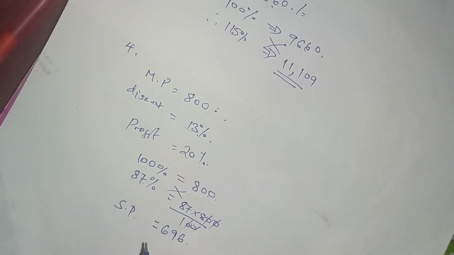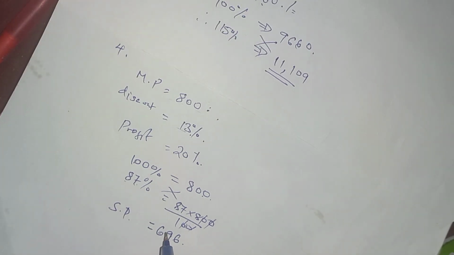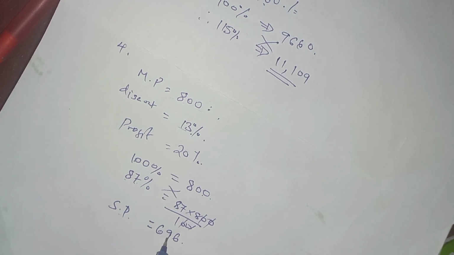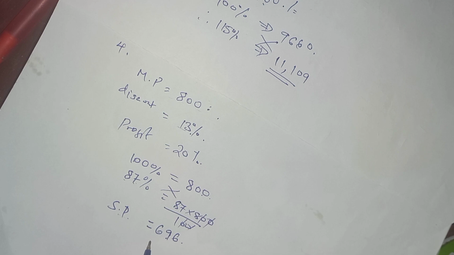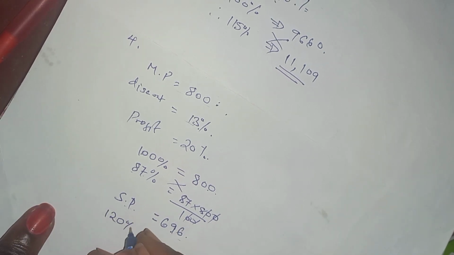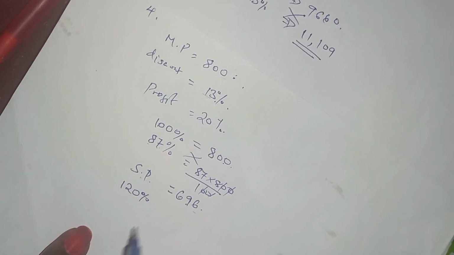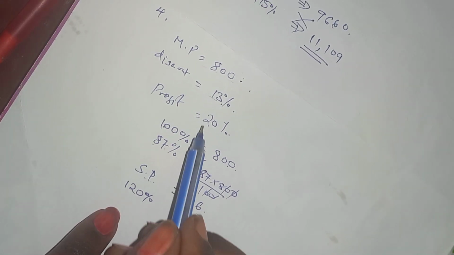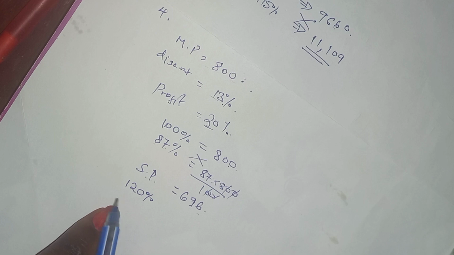So if this trader made a profit of 20% after selling this thing at a selling price of this, in order to get the buying price of the trader, or the price that the trader paid for the shirt, we'll say that this one here will be 120%, because it has got the 20% profit already added on it. So it will be 120%.